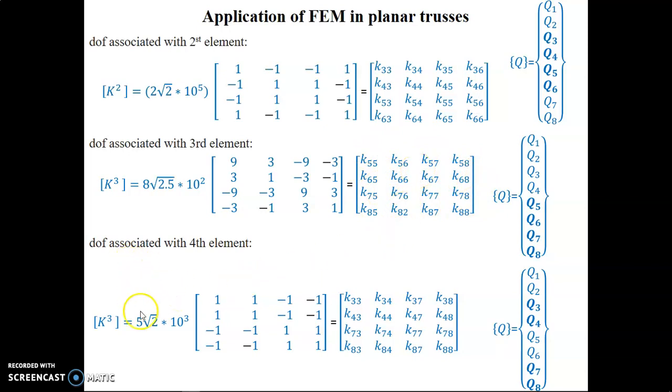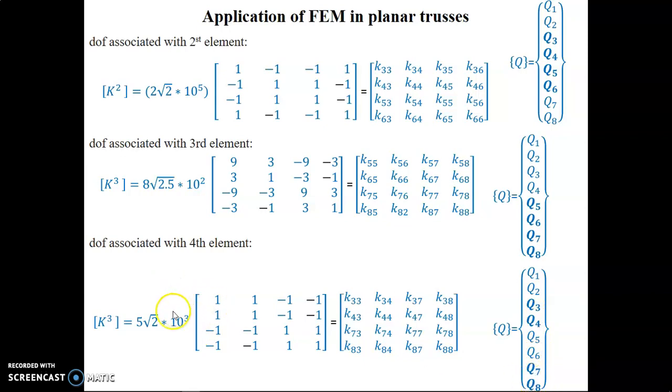And finally, the fourth element. The fourth element is obtained by connecting the second and the fourth node. For the second node we have degrees of freedom Q3 and Q4, and for the fourth node we have degrees of freedom 7 and 8.